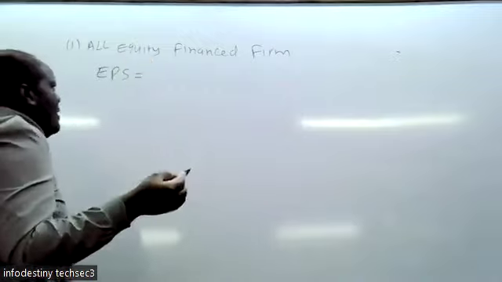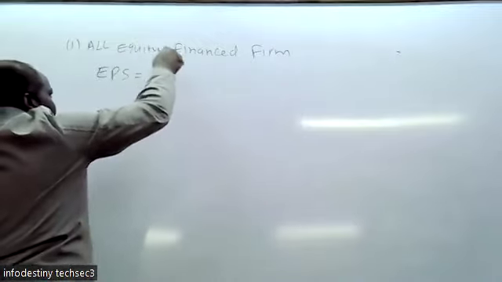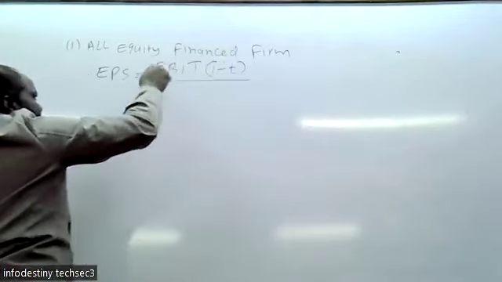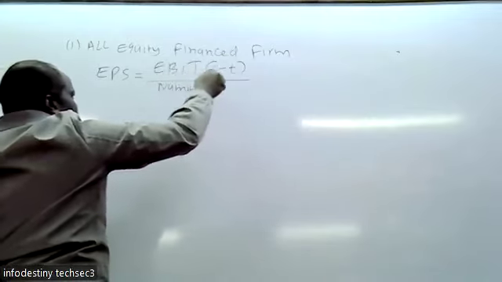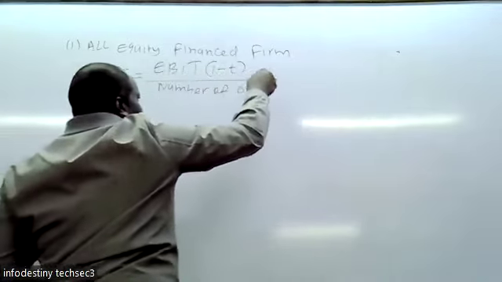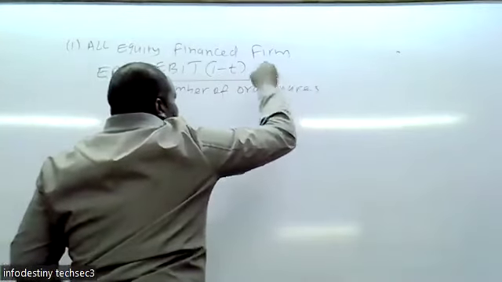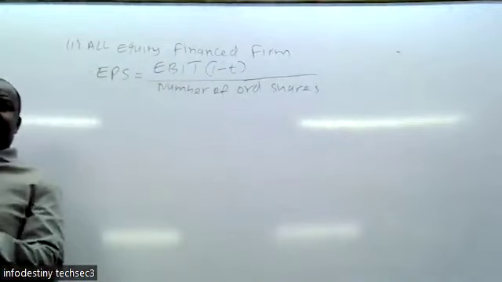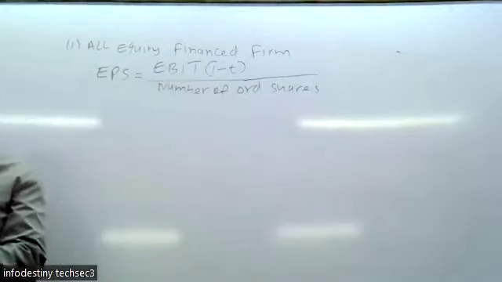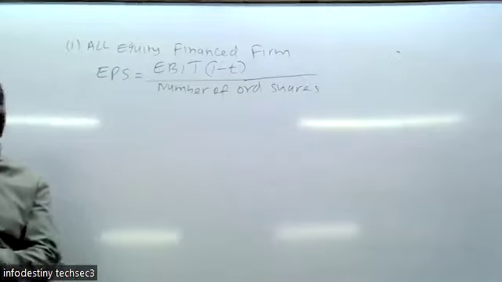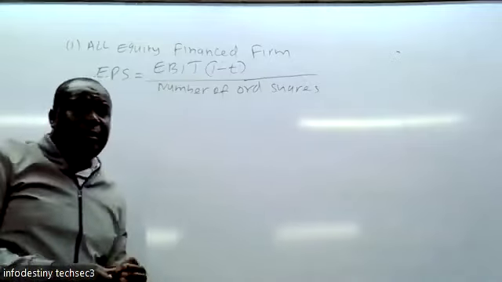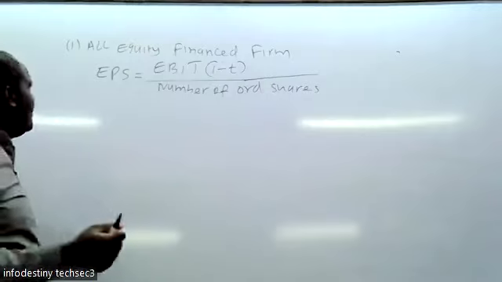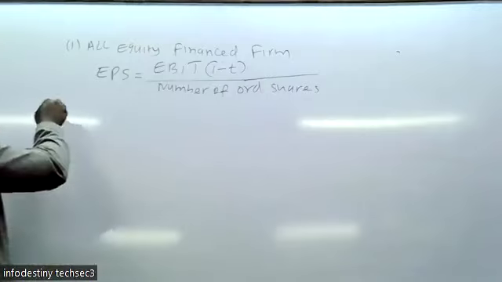Earning per share would be equal to earnings before interest and tax, times 1 minus the corporate tax, then you divide by the number of ordinary shares. So that's in case it is all equity financed.